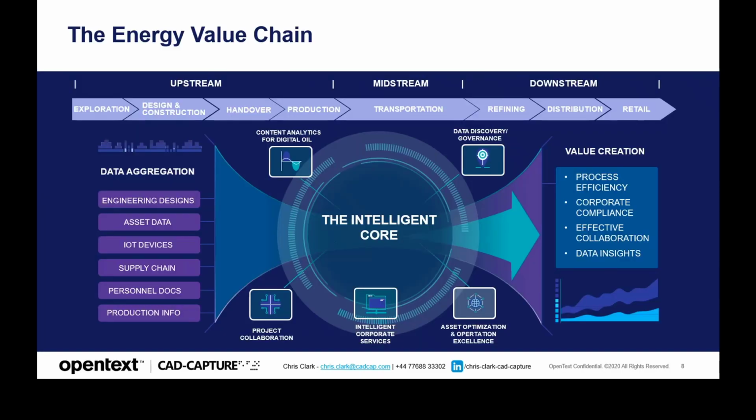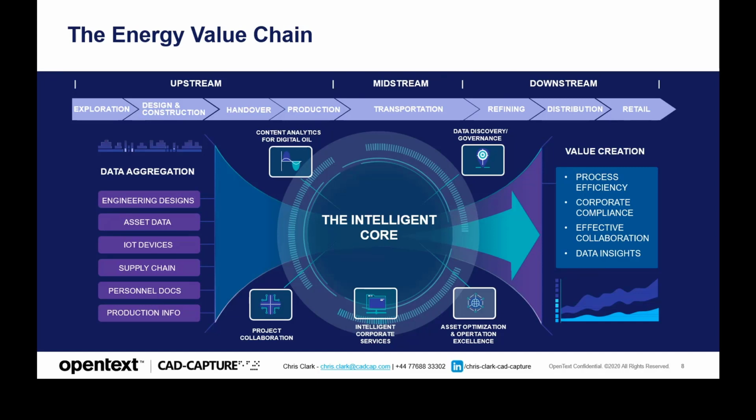So let's first of all take a look at the value chain, in this case for an oil and gas company, from upstream to downstream, and how it relates to what we're calling really the intelligent core for an energy company. Around this core, as you can see in the diagram, are many of the applications that we at OpenText address today with our solutions.